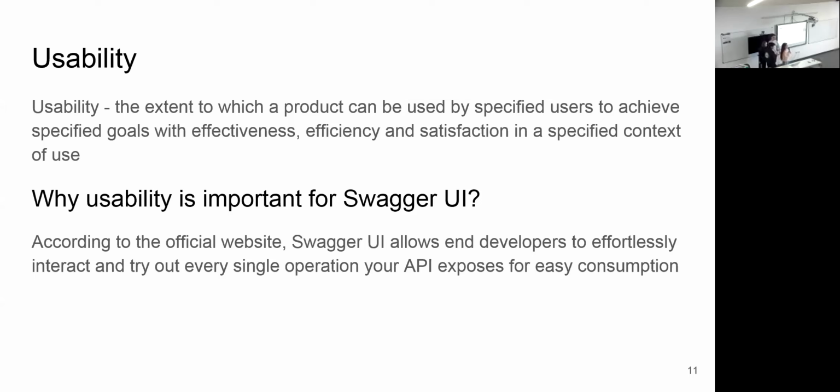If you go to the official website of Swagger UI, you will see that the goal of this system is to allow developers to interact and try out each operation in their API. So this leads to a high level of user interaction with the system. So a high level of usability is required.